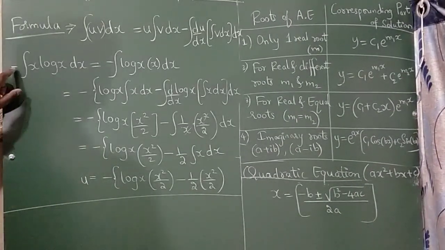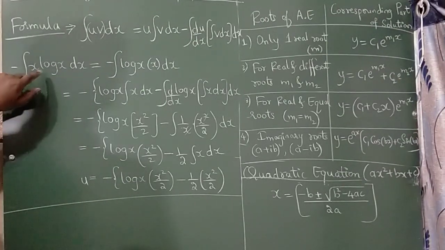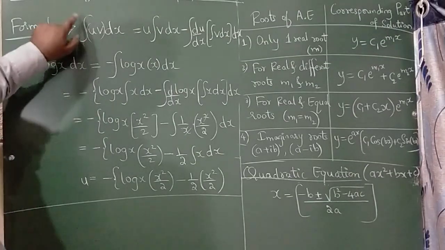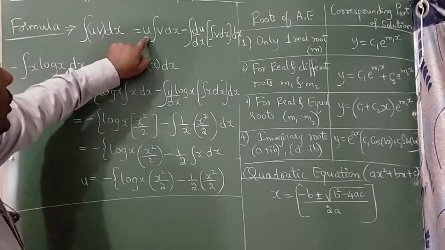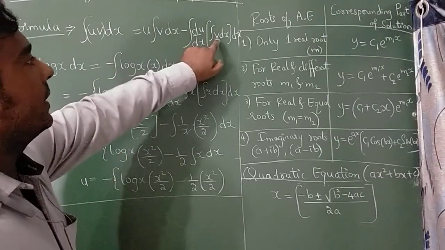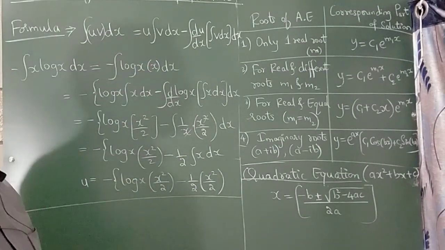Now minus integration of x log x dx we have got. Fine. There is a formula to solve this. Integrating by parts. The formula is integration of u v dx is u integration of v dx minus integration of du by dx, integration of v dx, into dx. This was there in PUC second year. Fine.